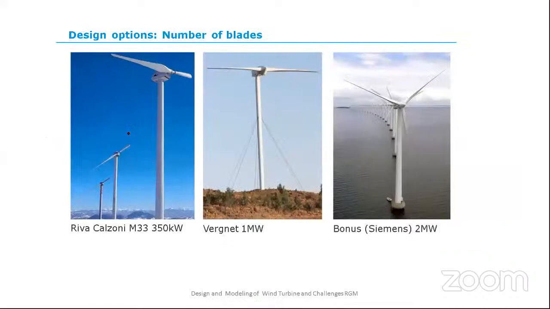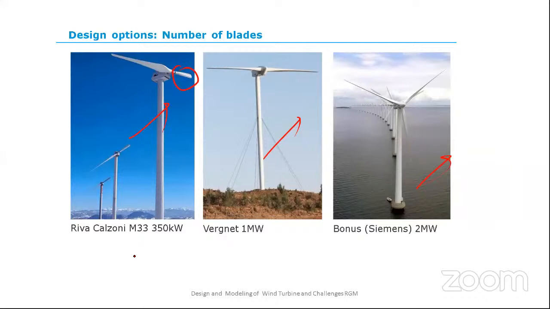Whether I want to go for a single blade, two blades, or three blades, which one is the best for me, I have to decide. With a single blade turbine, I have to add additional weight on the opposite side. Also, when designing the blades, I have to reduce the noise.